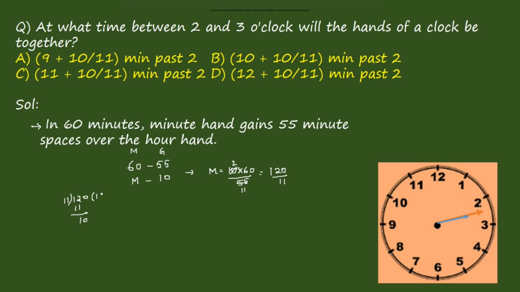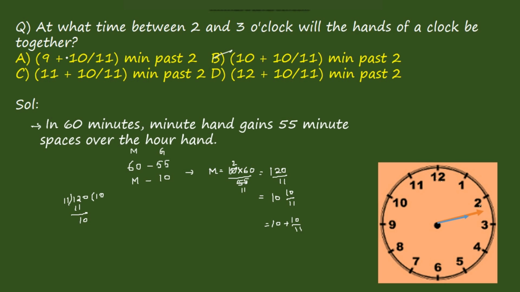So it becomes 10 by 11, which is also equal to 10 plus 10 by 11. So the answer is option B. After 10 plus 10 by 11 minutes past 2, the minutes hand and hour hand would be together, right?